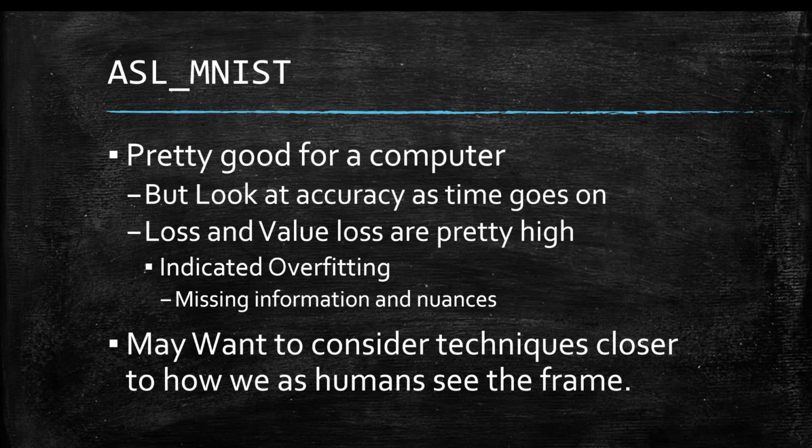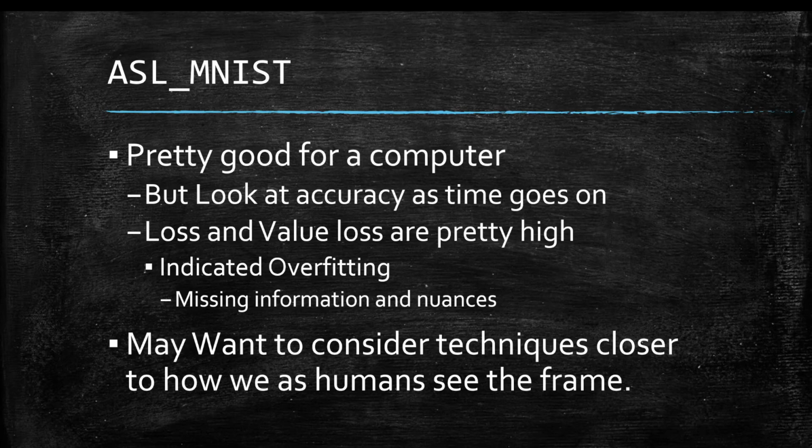In other words, the jumps in the adjustments of the values in the eventual tensors were too large, and we're missing some kind of information and nuances. So what we might want to do is consider how we as humans look at objects if we're going to classify them. And that should start to be ringing some familiar things.